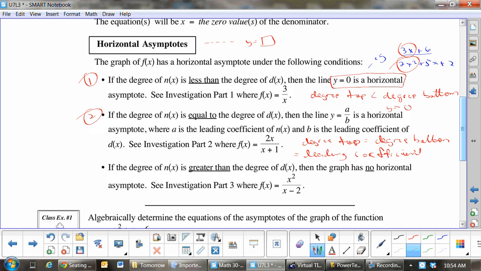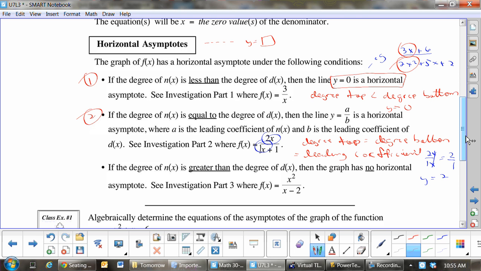So, see how you have 2x over 1x plus 1? What you do is you circle these. You go, hey, they're the same degree. So this is the same thing as 2x over 1x. Now, I'm not looking at the rest of the equation. Those would cancel. Your horizontal asymptote would equal 2. So you'll see there will be a dotted line at 2.